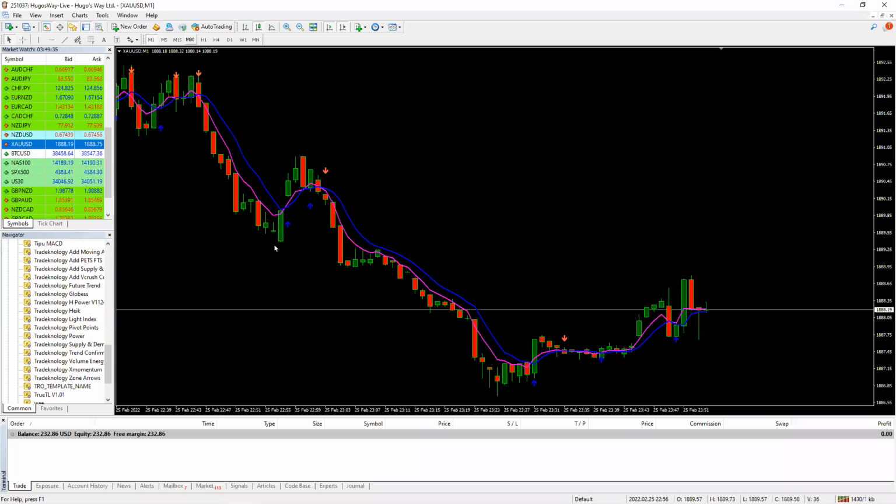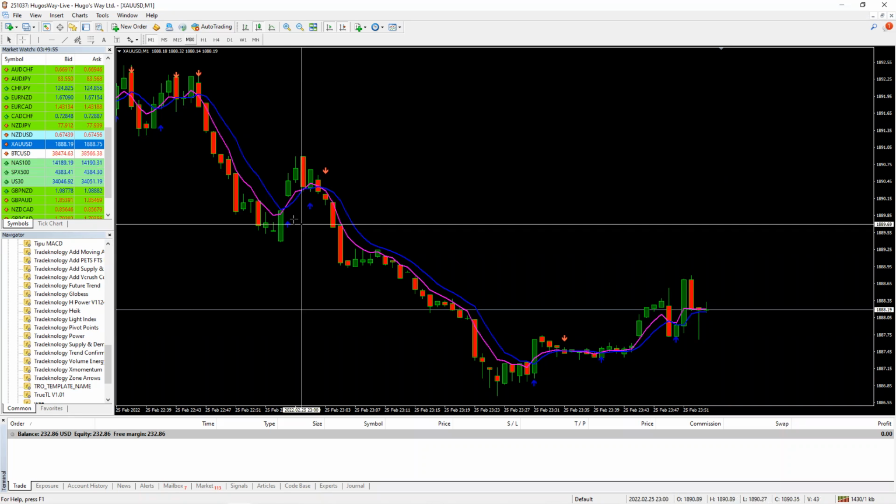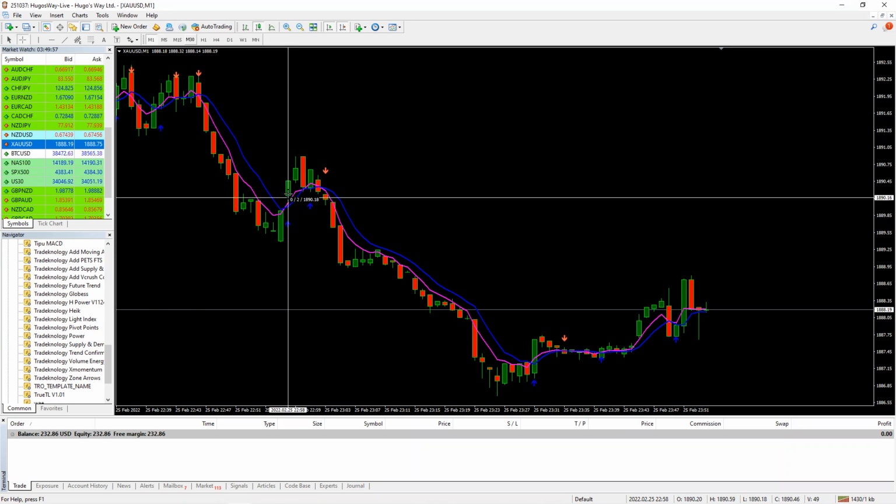And this is mainly to aid you in doing sniper entries, if you're going to be a sniper type of trader: get in, get a few pips and get out. Like for example, over here, you will get in at this candle to buy. You're looking at getting in right here and getting out right there.